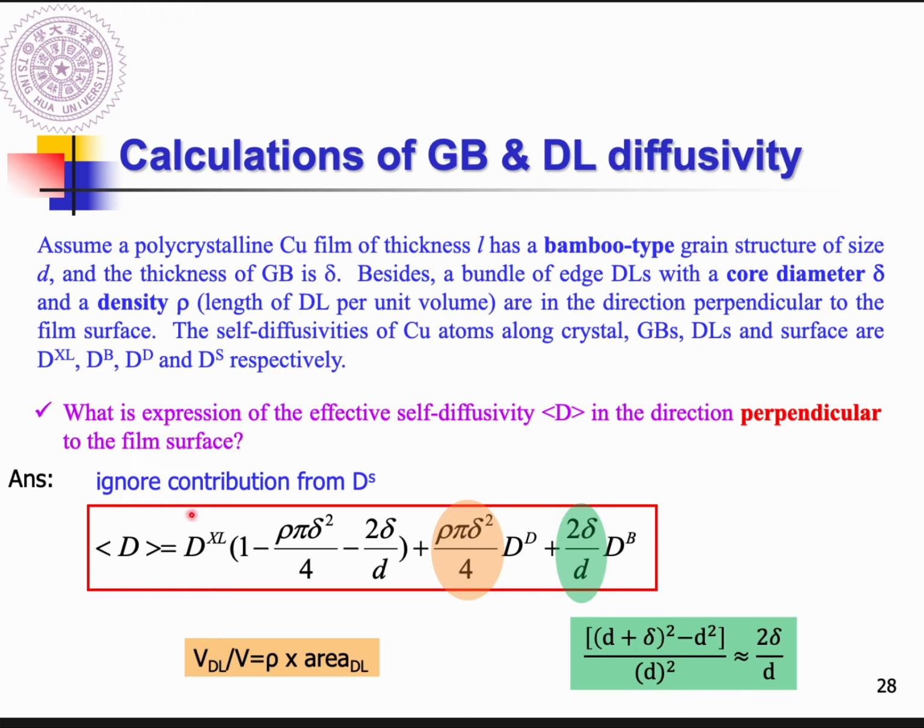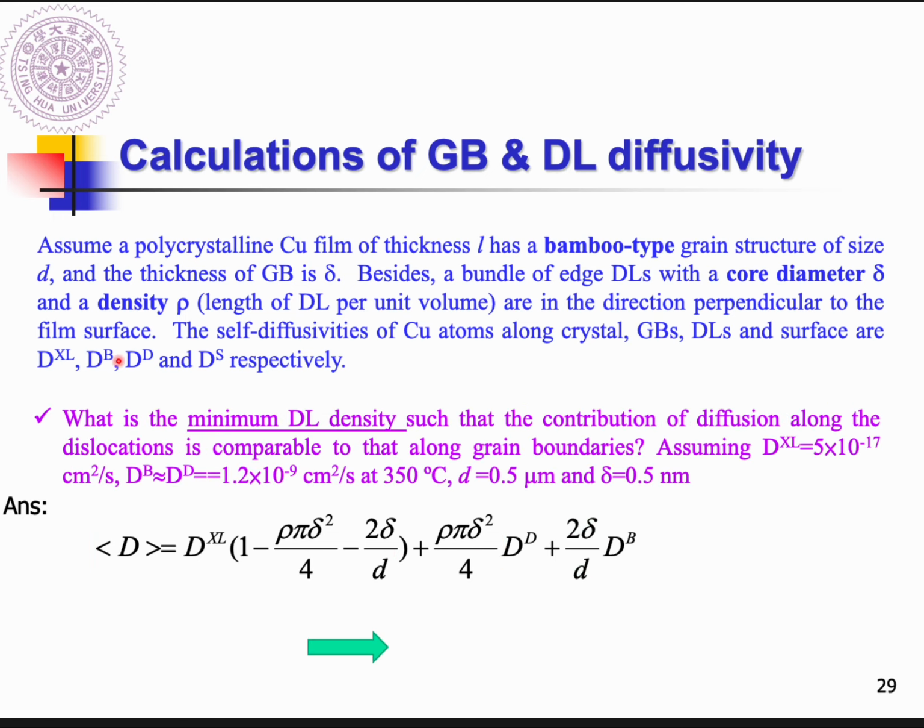And regarding the Dxl part, you just use 1 minus the area fraction for dislocation and also for the grain boundary. And the third question actually is, what is the minimal dislocation density such that the contribution of diffusing along the dislocation is comparable to that along the grain boundary? What this means is the contribution of diffusion.